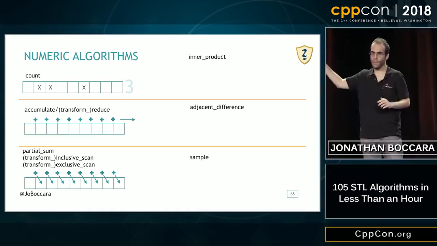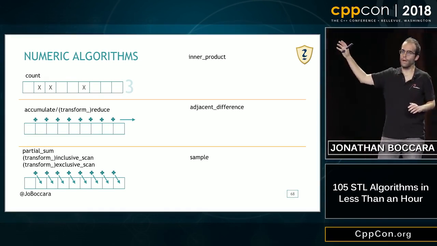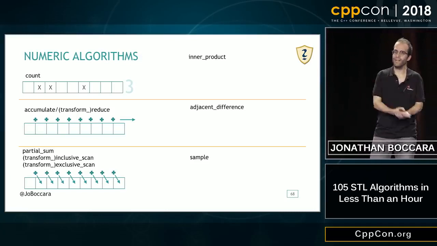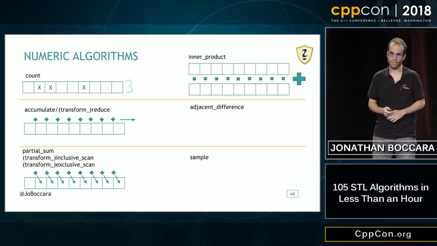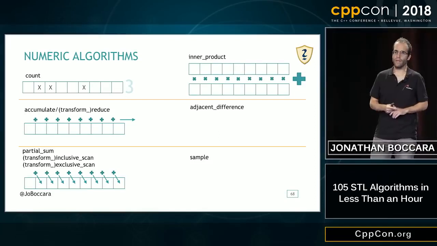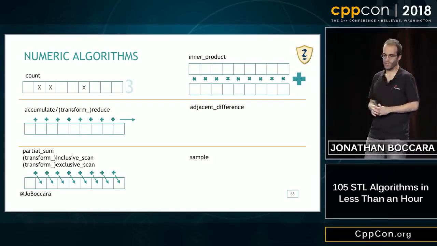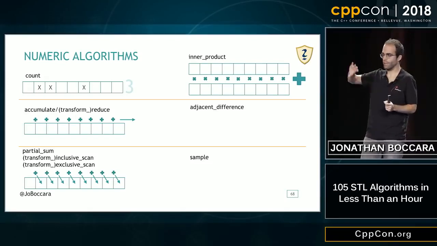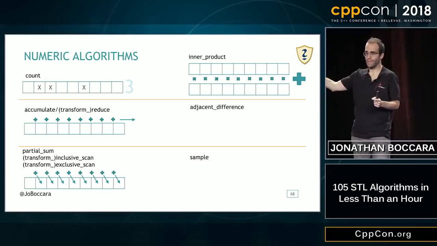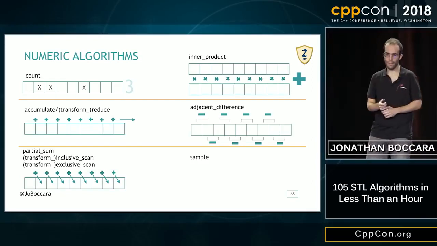And the transform versions of those two guys take a function, apply it to the collection, and then perform the inclusive/exclusive scan. Inner product makes the inner product of the collection, which is a multiplication of the counterparts elements, and then summing that whole thing.